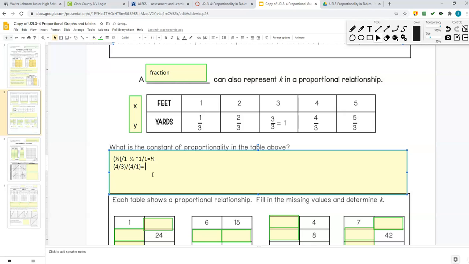So now we're going to use keep, change, flip, and we're going to have 4/3 times 1/4. And we multiply the tops, we get 4 over 12, which still equals 1/3. So we get a constant of proportionality, our k, equals 1/3. Alright?